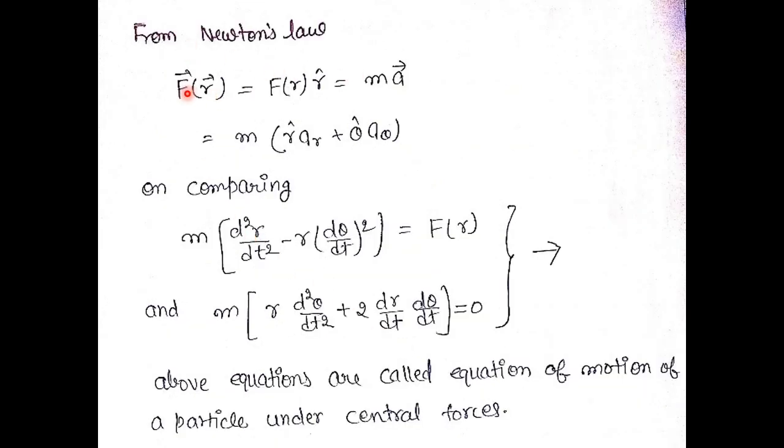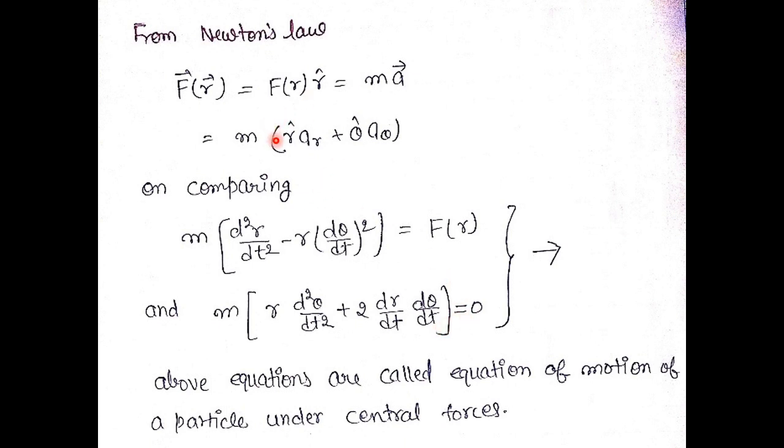Now from Newton's law we know F equals ma, where a equals r cap A_r plus θ cap A_θ. Now m (d²r/dt² minus r (dθ/dt)²) equals F_r, and m (r d²θ/dt² plus 2 (dr/dt)(dθ/dt)) equals 0.